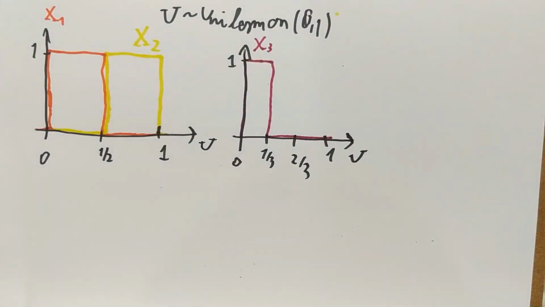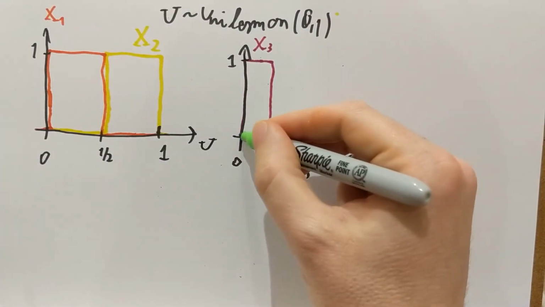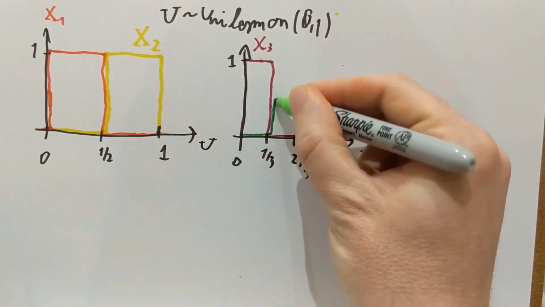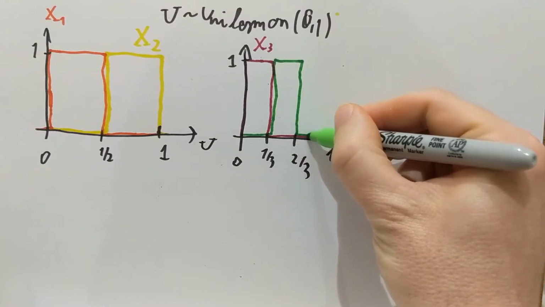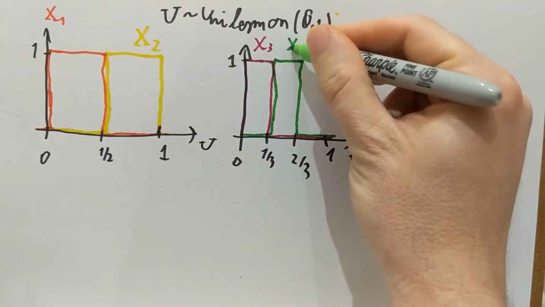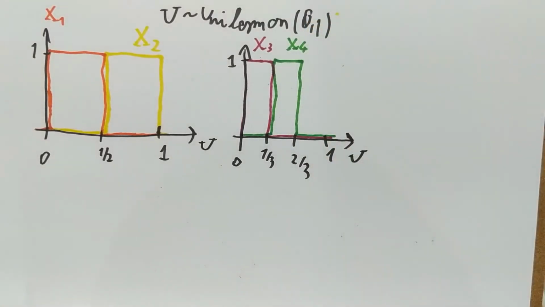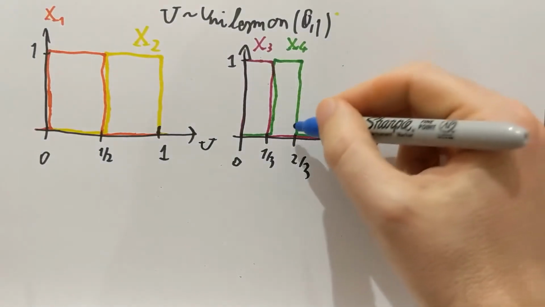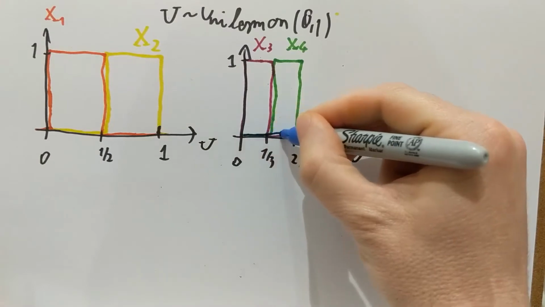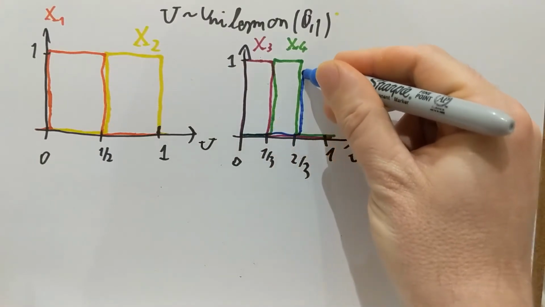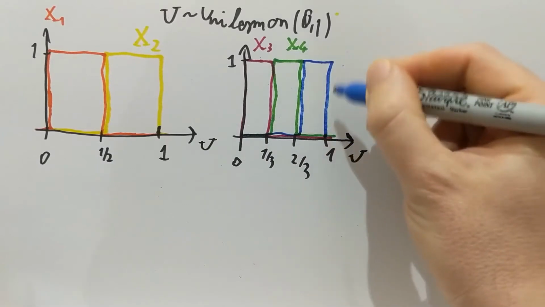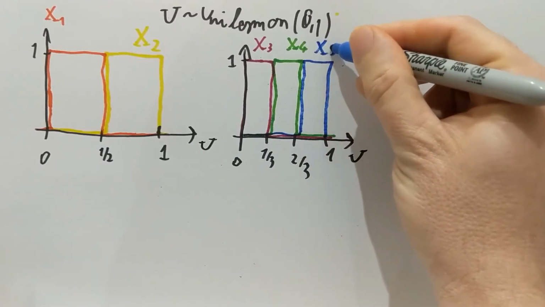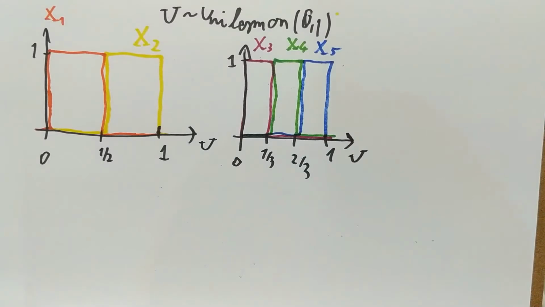X4 is 1 between 1/3 and 2/3 for U. So that's X4. And then X5 is 1 when U is between 2/3 and 1. That's X5. And now everybody gets the pattern, right?